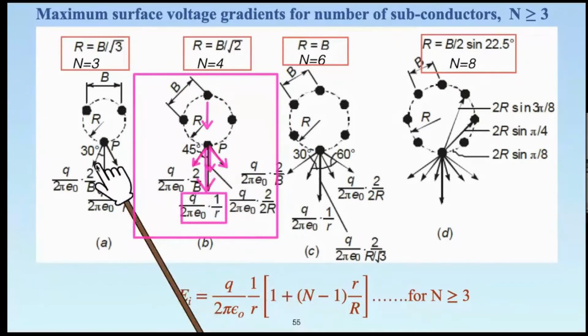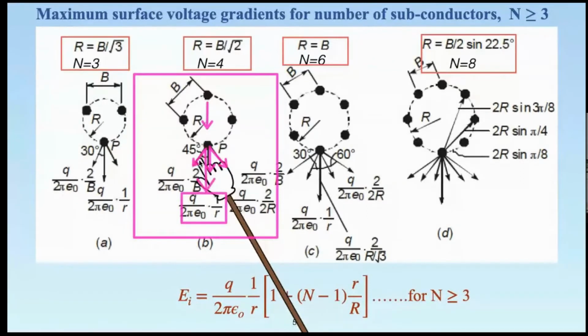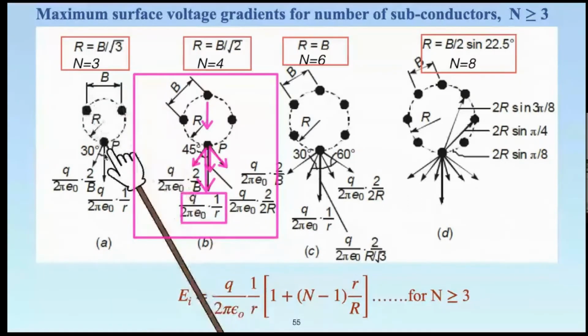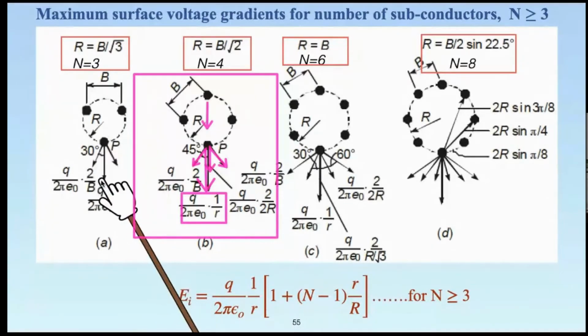And please remember that as the geometry of the conductor changes, the angle between these two forces is known as 45 degrees. And here it was earlier, this being equilateral triangle, so it is very easy to find out that total angle will be 60, and that's why this angle will be 30. So these angles are required when we add the electric forces.